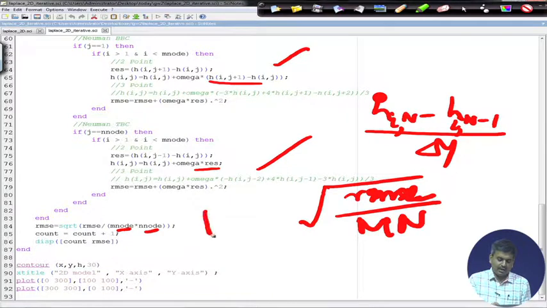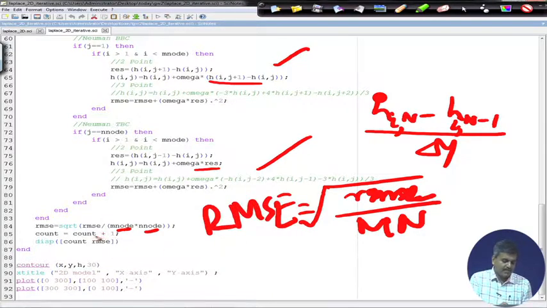This is the actual RMSE value, and count is count plus 1, and display count RMSE means I am displaying the counter number and RMSE for this particular solution approach.